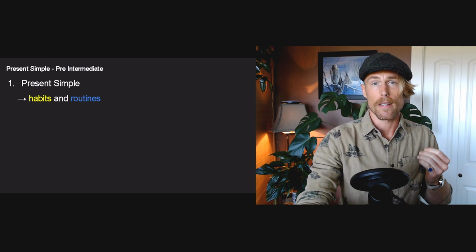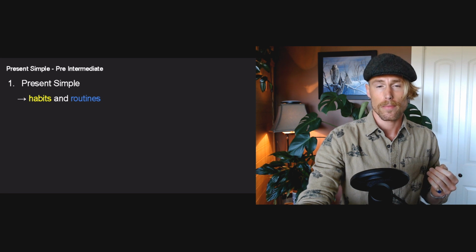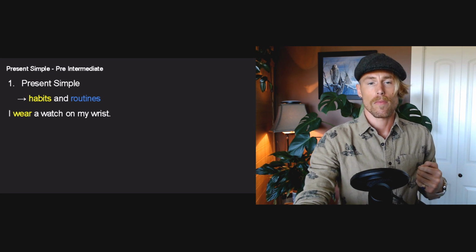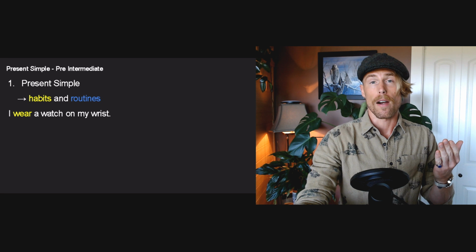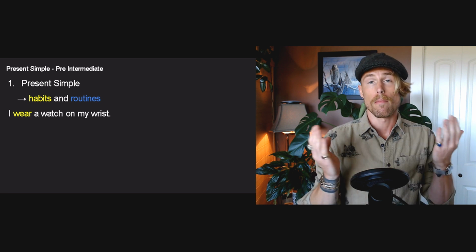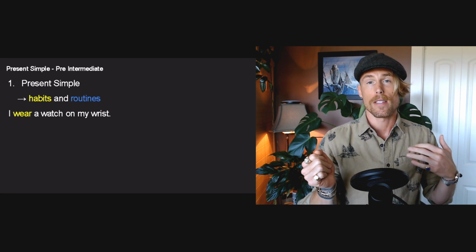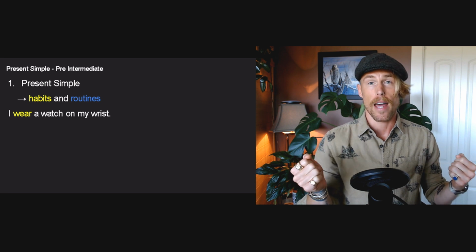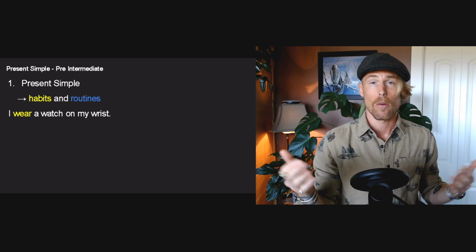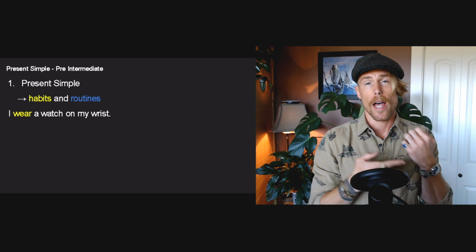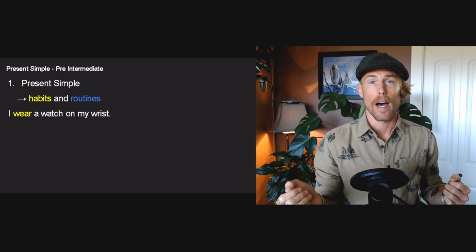Let's look at some examples. First example, I wear a watch on my wrist. This is a habit that I have. I like watches, so I wear a watch on my wrist.